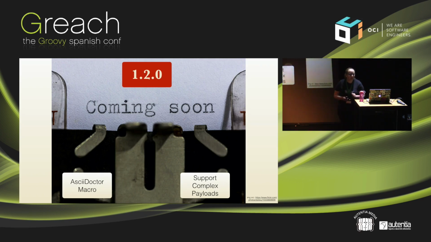But there are some really exciting things coming in this next release that will make it even easier to get your documentation done. And that is with the use of an Asciidoctor macro, which will eliminate even more boilerplate from your documentation. It also supports some more complex payloads.